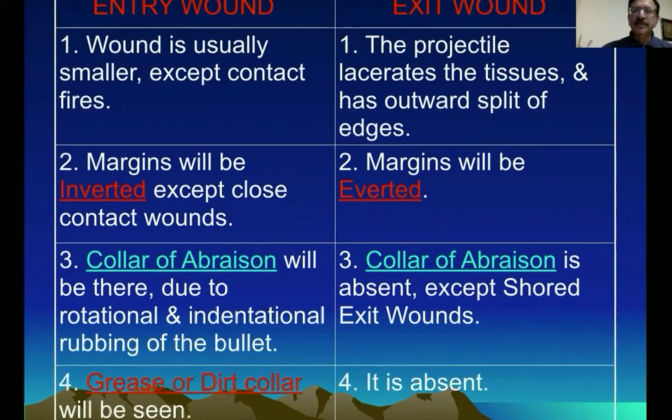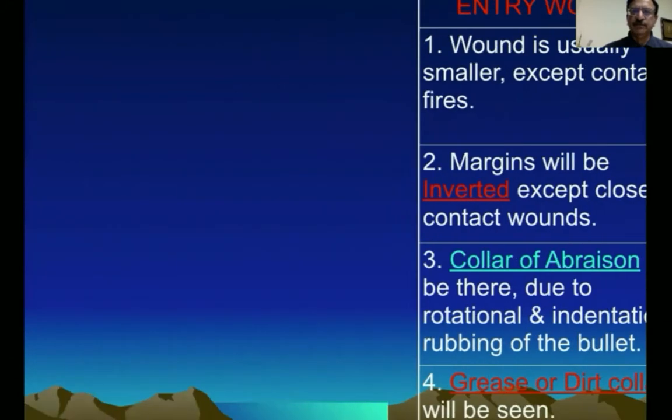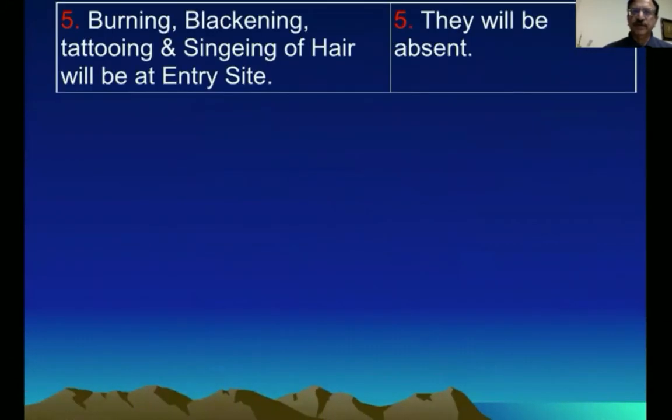Then the grease or dirt collar can be seen on the entry side, whereas it is absent on the exit wound. At the entry side, in close range, burning, blackening, tattooing, and singeing of hair will be seen, whereas at the exit, these characters are absent.